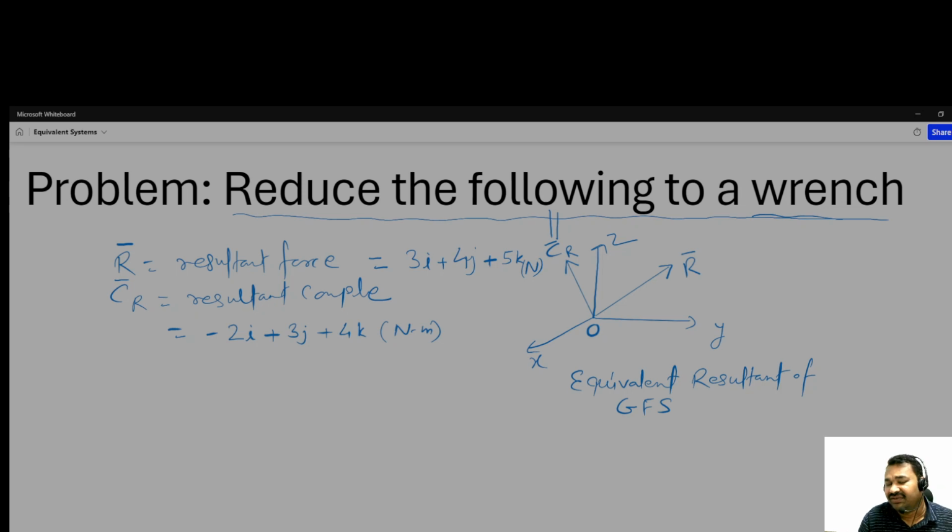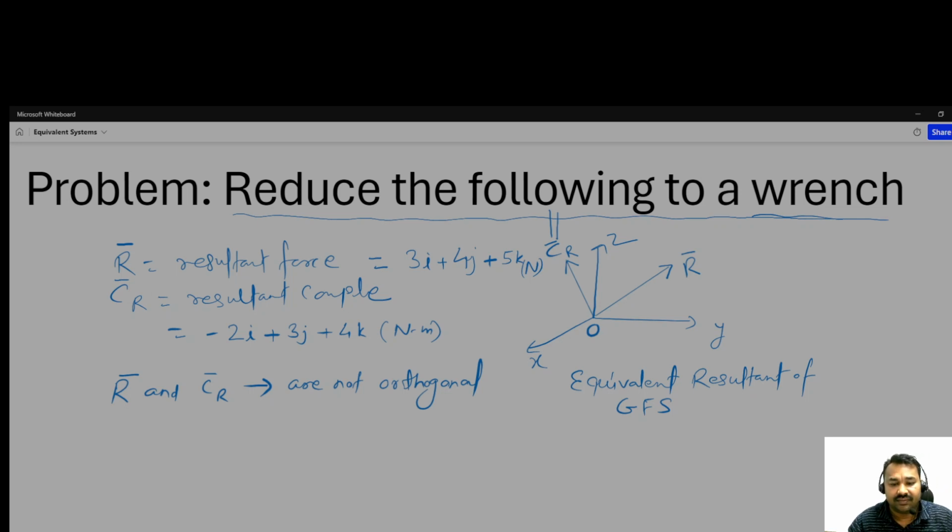So already we have discussed: if R and the resultant couple are not orthogonal, then what do we get?